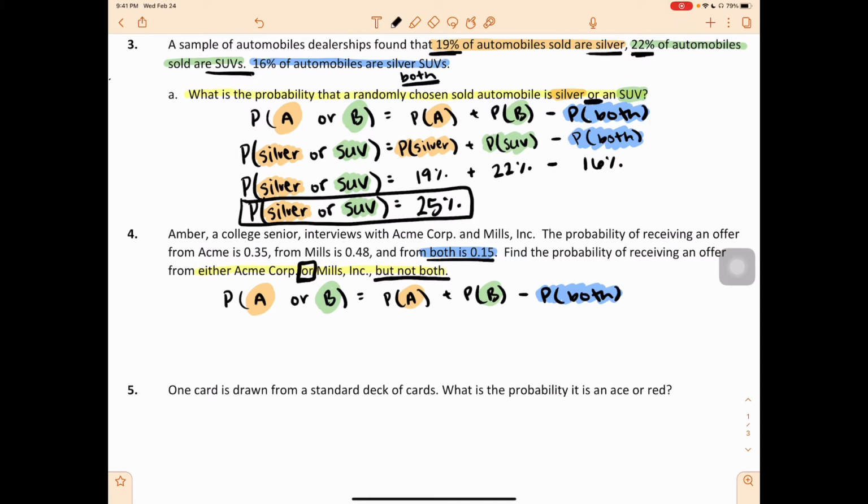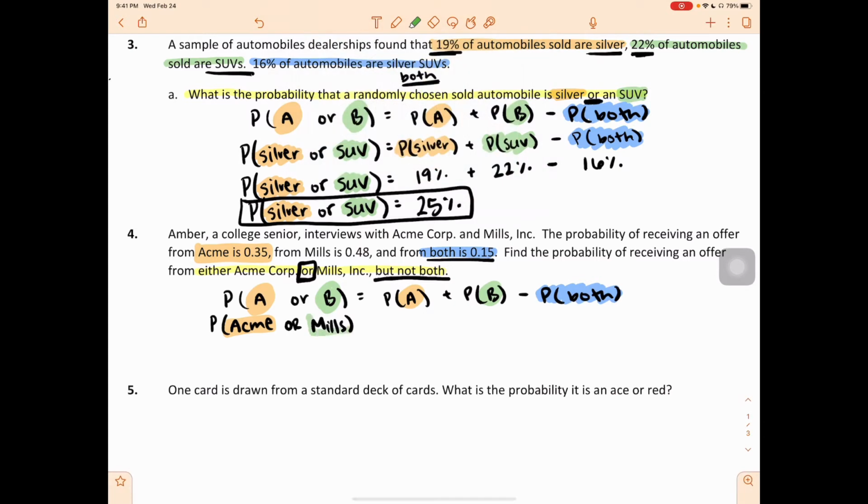Okay, so here we have the probability of either the Acme Corporation or the Mills Incorporated. Those are our two options here. So what I'm going to do is go in and color code. Acme, we'll color code with orange. So the probability of receiving an offer from Acme is 0.35.